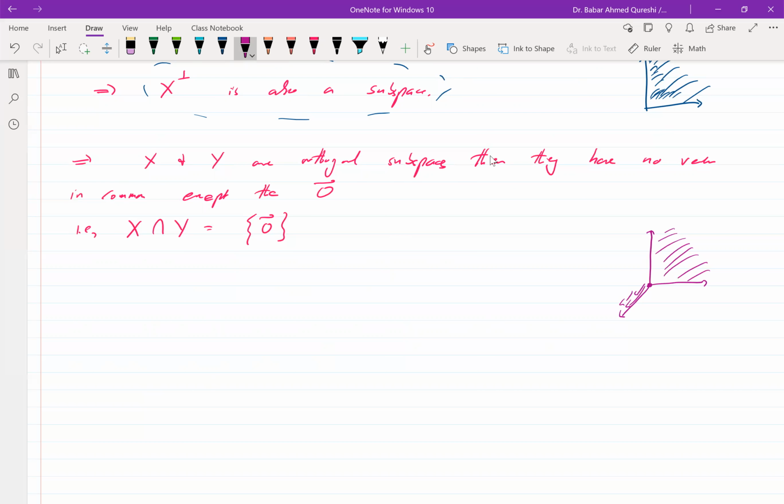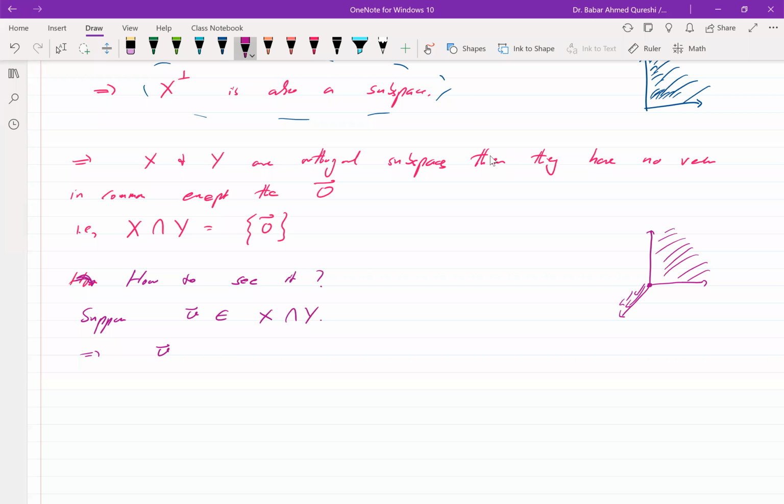And you can very easily see it in many ways. For example, suppose a vector V belongs to the intersection, it's in both of them.